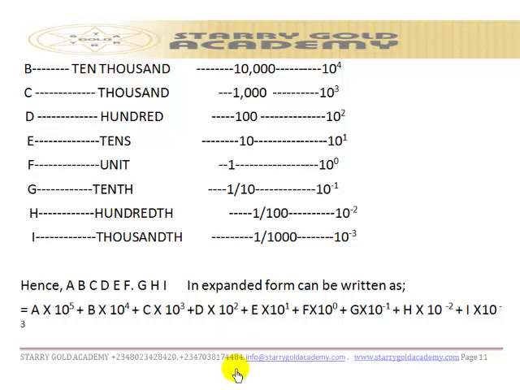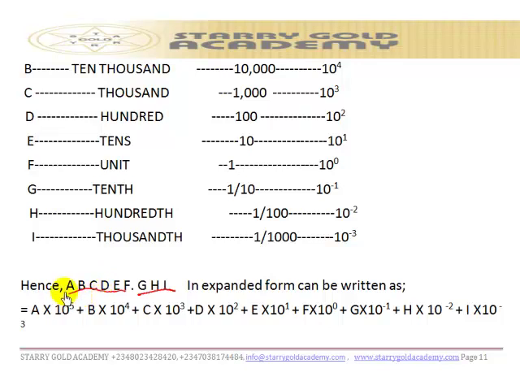So if everything I've given you is understandable, you know the place value of A, B, C, D, E, F and then G, H, I, with the powers I've explained. We are assuming that A, B, C, D, E, F, G, H, I is a number in base 10.